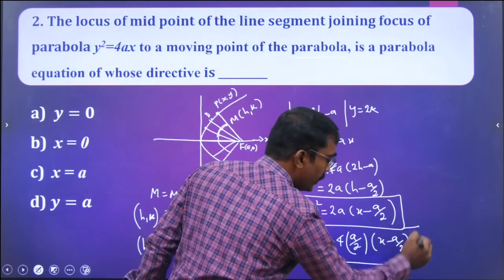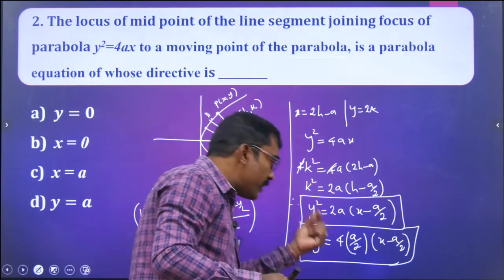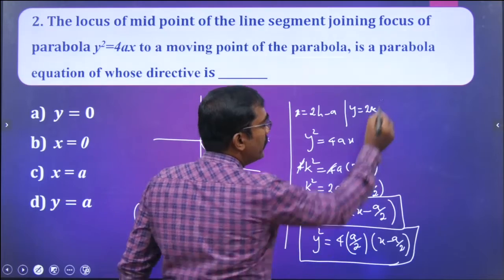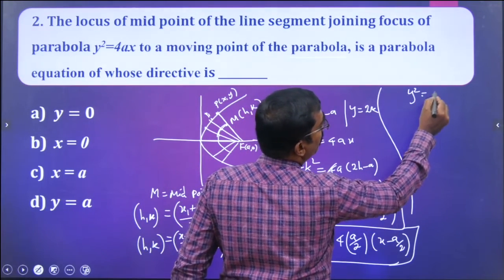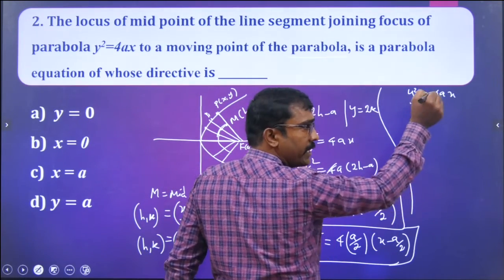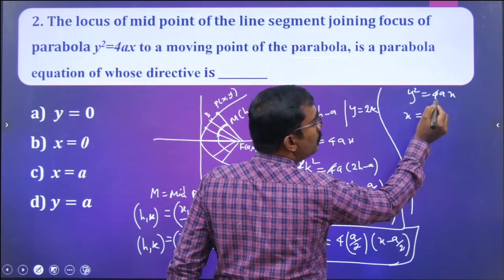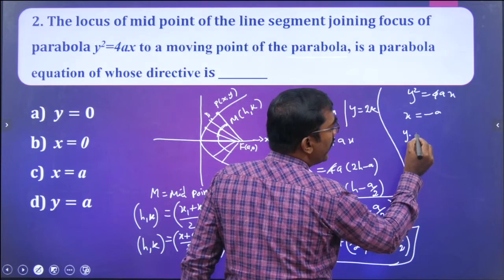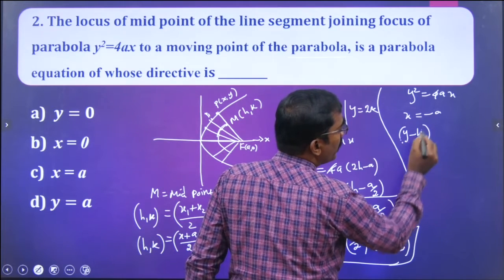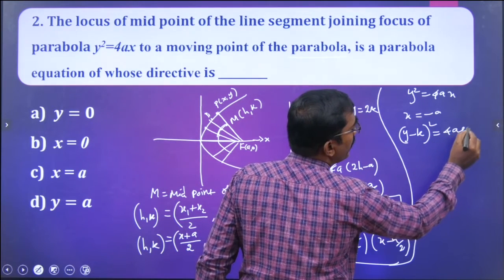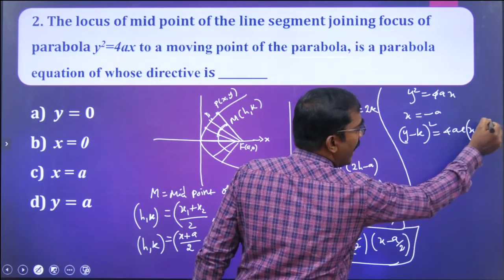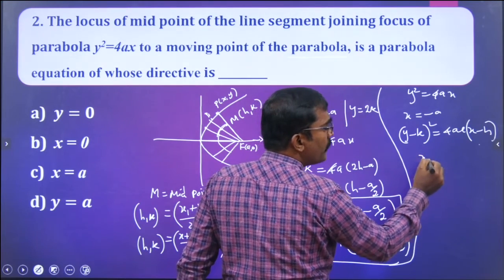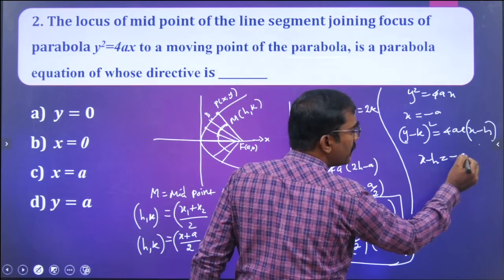Next we have to find the directrix of this parabola. We know the general formula: y squared equal to 4ax has directrix x equal to minus a. Similarly, for (y minus k) whole squared equal to 4a into (x minus h), the directrix is x minus h equal to minus a.